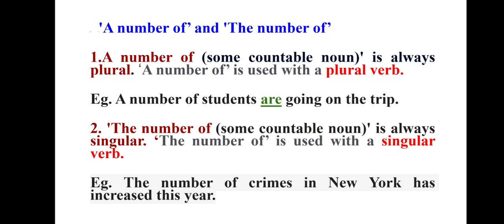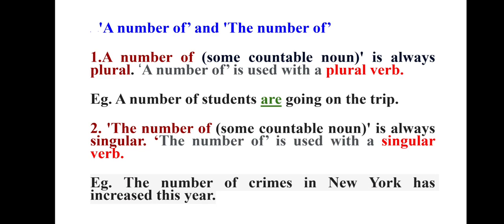A number of is used with a plural verb. Example: a number of students. A number of students are going on the trip. Please take care. A number of students, not is. So a is singular, but it is plural. This way you can remember.